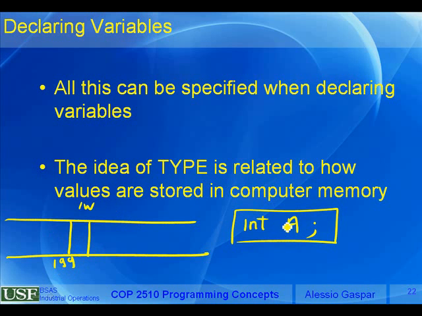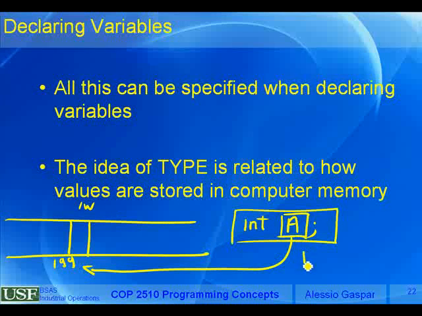From now on, whenever you use the identifier A, the Java language will understand you are talking about this particular word of memory. And that's it. Whenever you assign a value to A equal 9, Java will take the value 9, convert it in binary, and store it inside of this word.